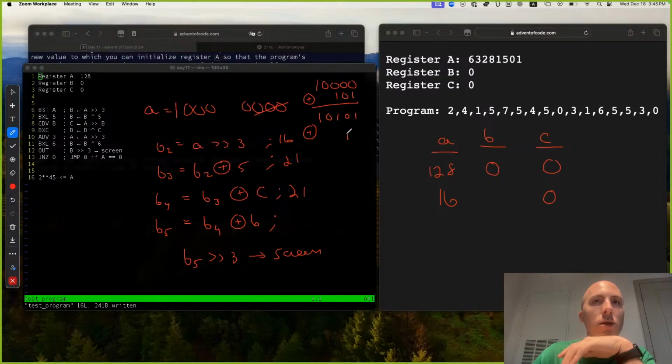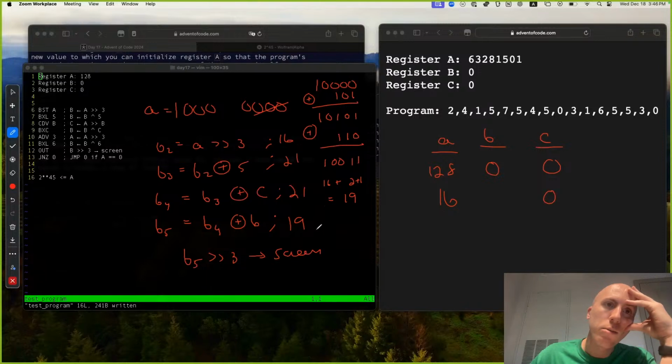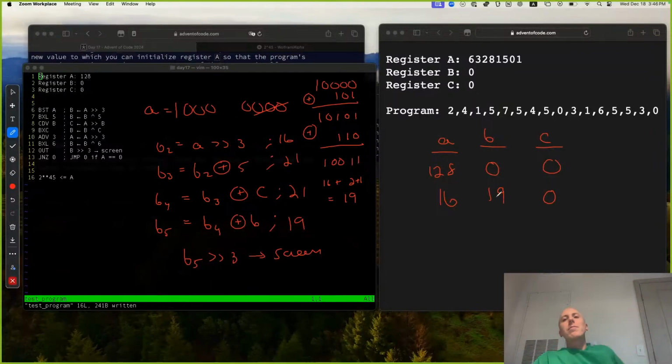So we want a 2 in there, and we want a 4. 1, 1, 0, 0, 1. This is 1 plus 2. No 4, no 8, but a 16. 18, 19. And then B shifted over by 3 goes over there. So I don't know. B became 19.